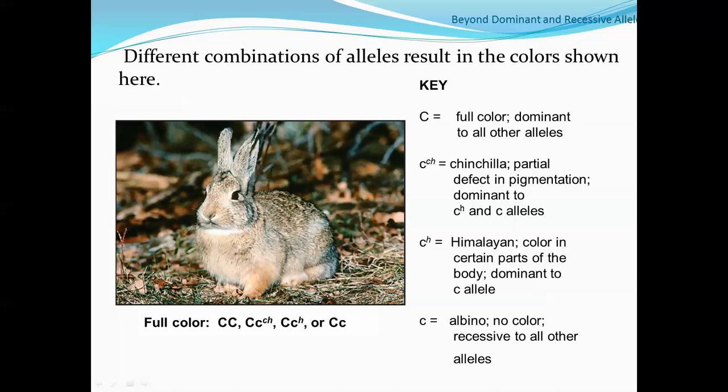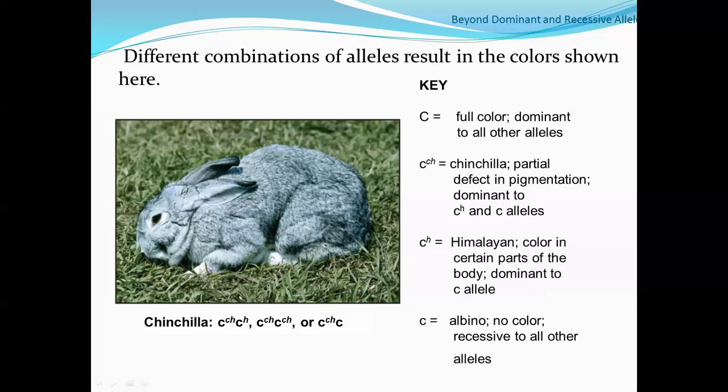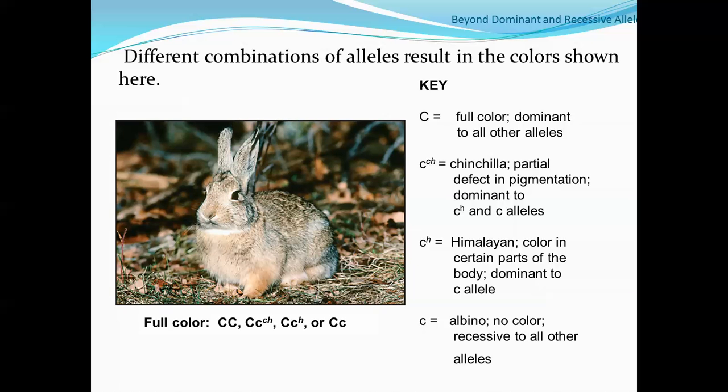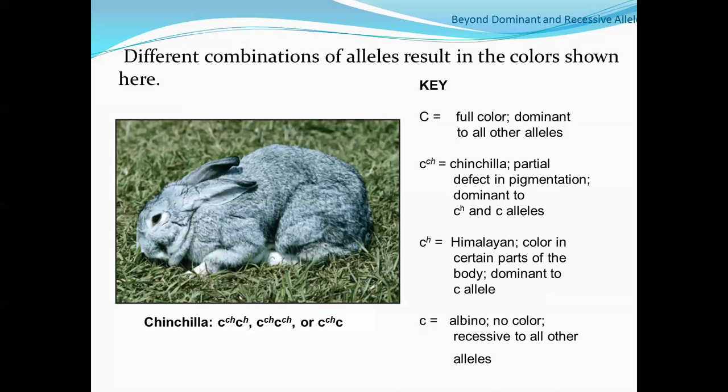So full color is our first one. But then we have what's called chinchilla, and this is when we have little c and little c with little ch on it. When that's present, then that is going to be a chinchilla rabbit. As you can see, it's not present in the full color one, but then it's here in the chinchilla.